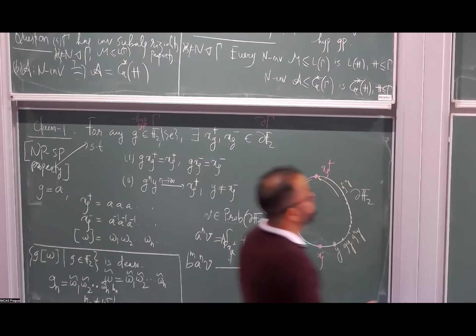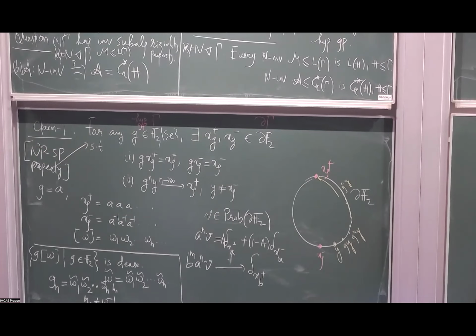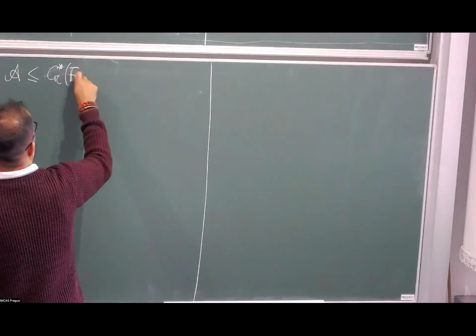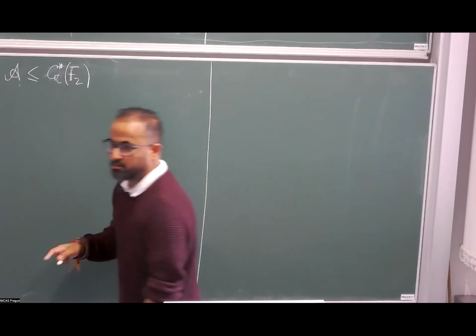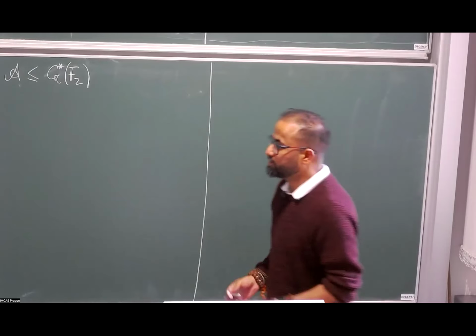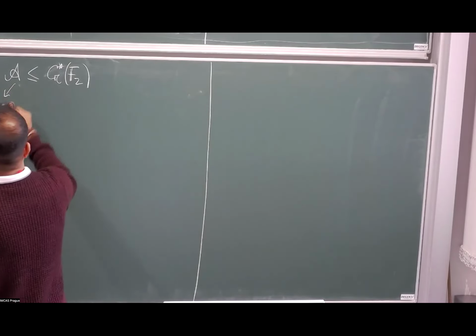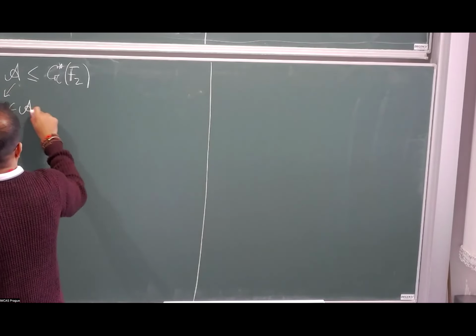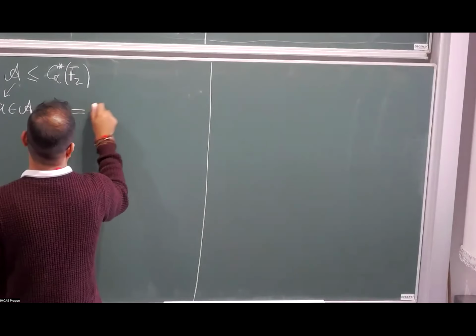And if you think about how the proof goes, there's only one thing that anyone can do. You pick a subalgebra and you want to show that it comes from a subgroup. So what are the possibilities? You pick an arbitrary element A and you write its Fourier series expansion.